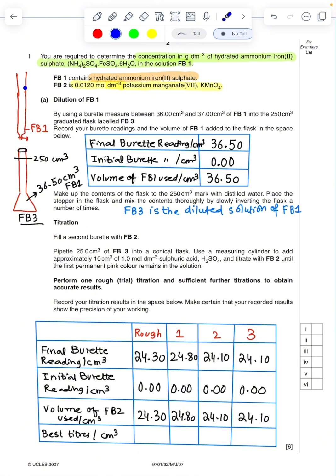So this is what I am going to drip off from the burette right into this graduated flask. And in order to make a dilute solution of 250 cm³, I am going to add distilled water up till the mark of 250 cm³. Then I will stopper it, I'll shake the solution, and the final diluted solution of FB3 will be ultimately ready.